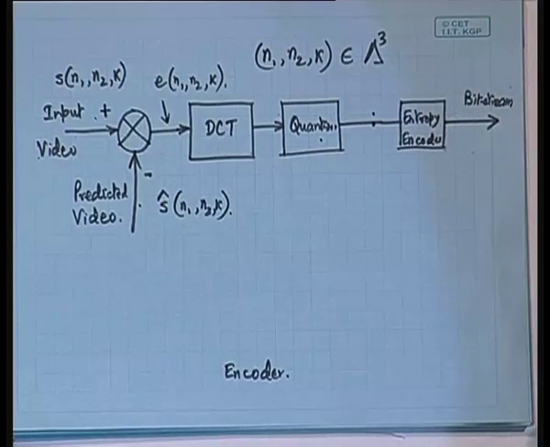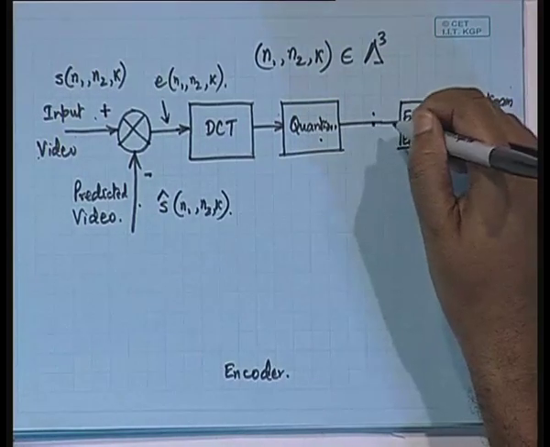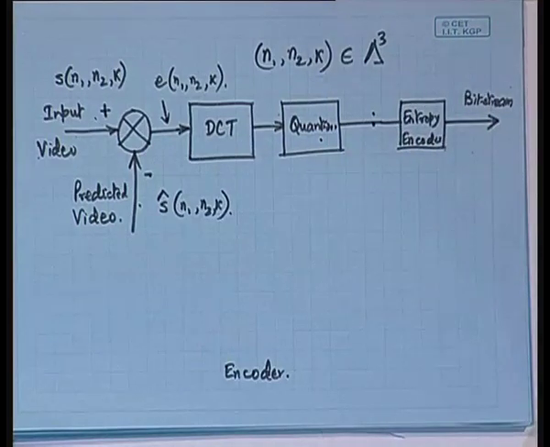So, the philosophy of generating the predicted video should be that the way the decoder is going to predict, in the same manner the encoder is also going to predict, so that whatever error the encoder has got, that error's residues can be encoded and sent into the bit stream.